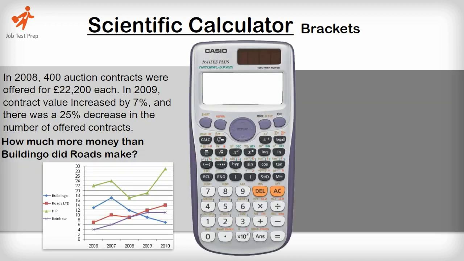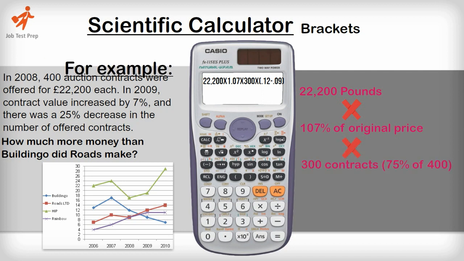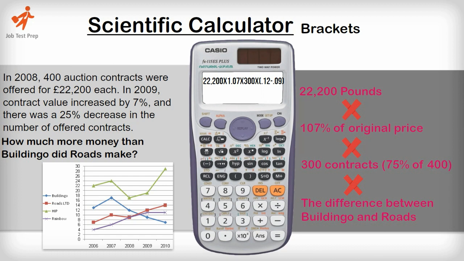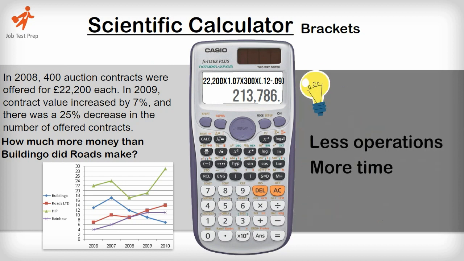To answer this question shortly, you can simply calculate £22,200 multiplied by 107%, which is typed 1.07, multiplied by 300 auction contracts, which are 75% of 400 original contracts, multiplied by the difference between building and roads, 0.12 minus 0.09. This calculation equals 213,786. Less calculator operations, more time for subsequent questions.